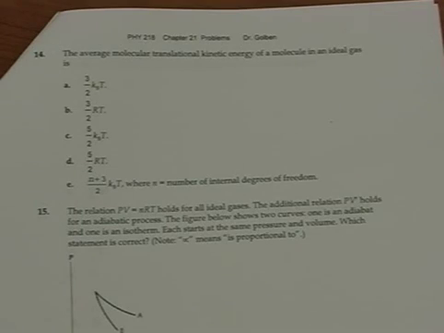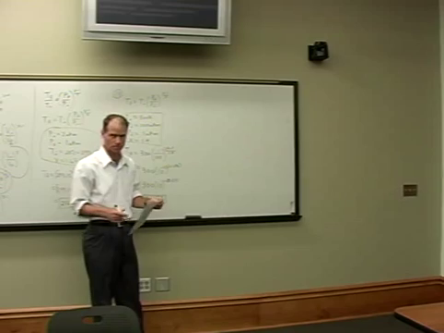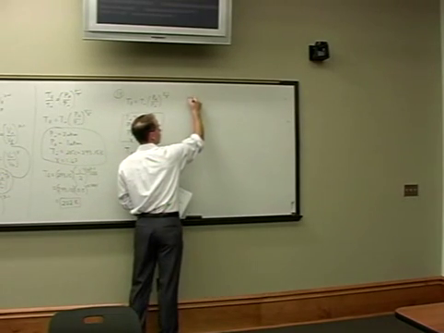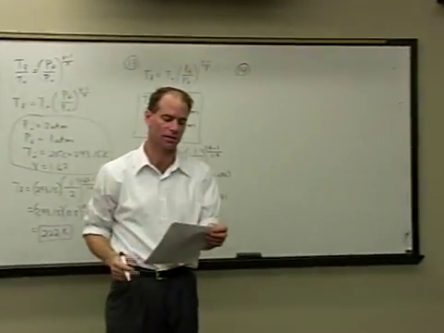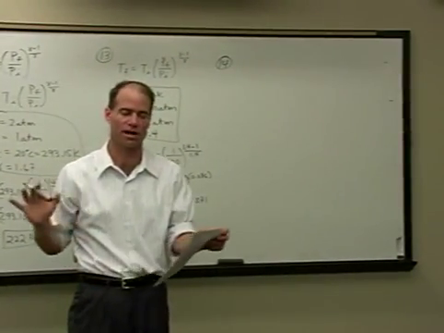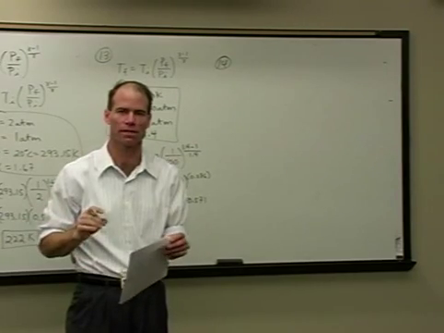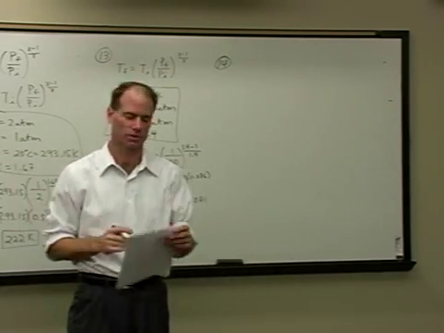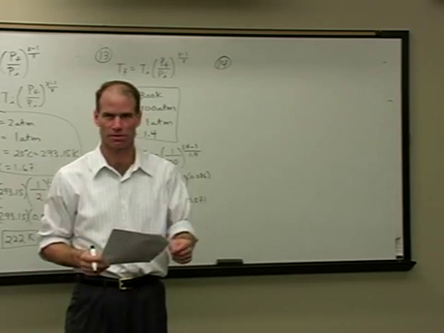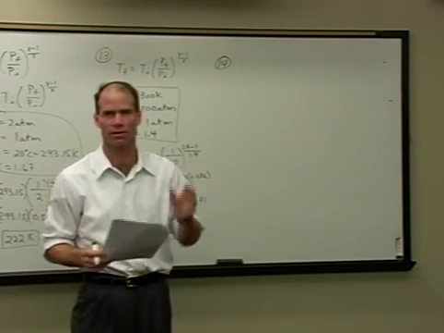Problem number 14. The average molecular translational kinetic energy of a molecule in an ideal gas is. Well, this is the average translational kinetic energy. If we're only dealing with translational kinetic energy, we're only dealing with the 3 degrees of freedom, x, y, and z, which is 1/2 k Boltzmann times the temperature for each degree of freedom.